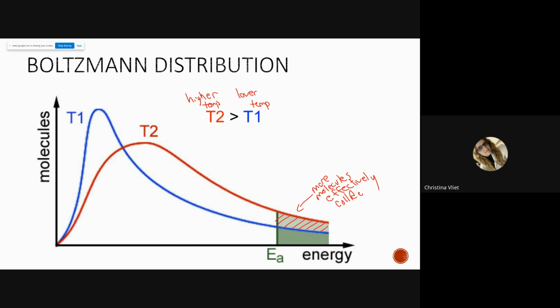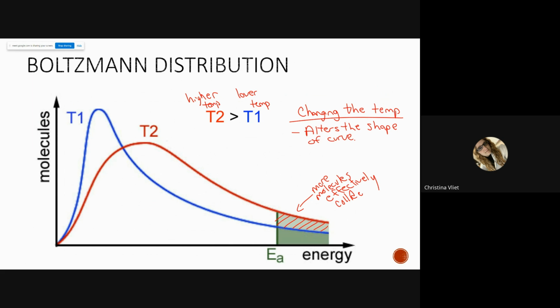So you have to understand that changing the temperature changes the curve, alters the shape of the curve, and how does it alter the shape of the curve specifically? And you do need to memorize it.